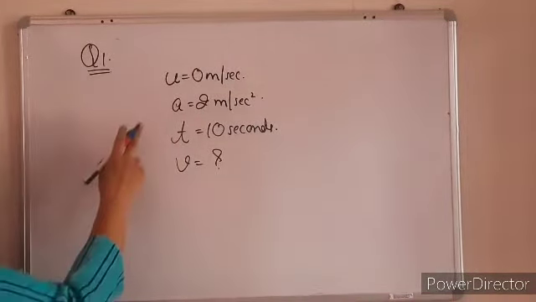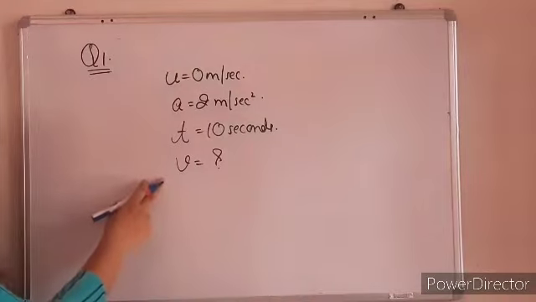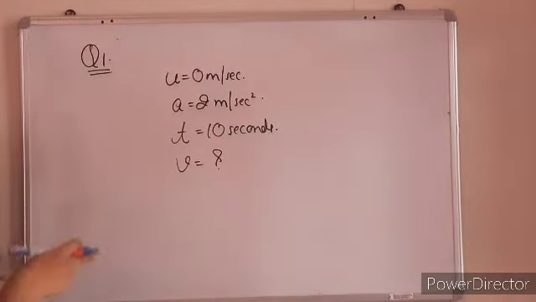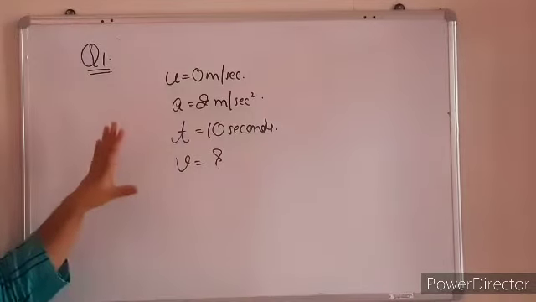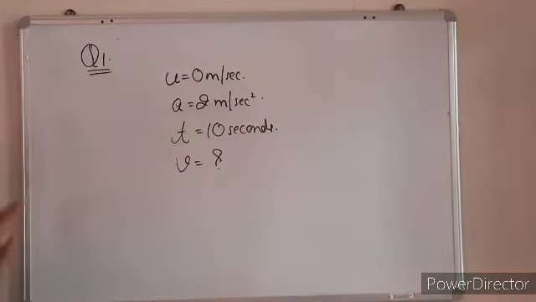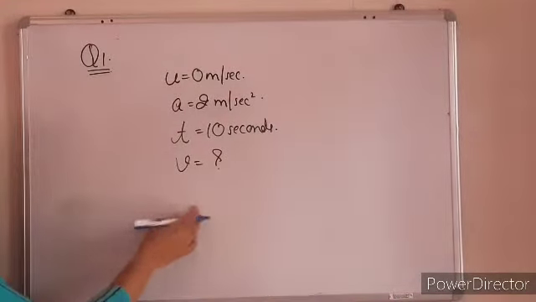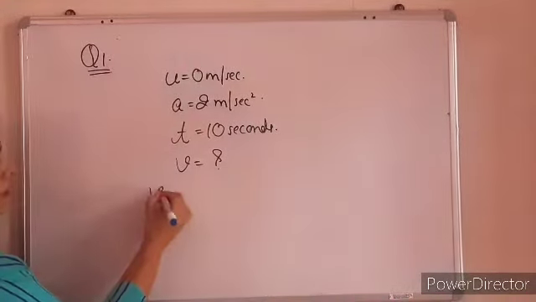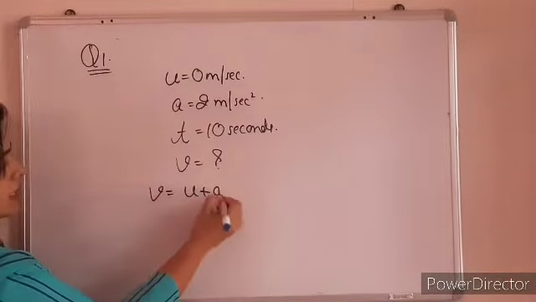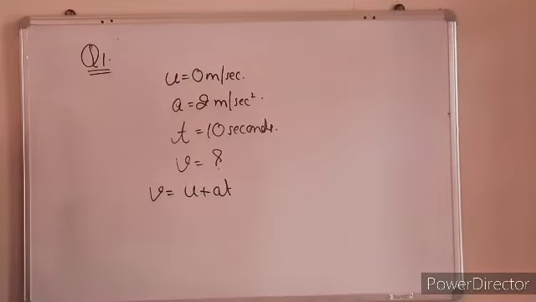First of all we have written all the given. Then we have to check whether any conversion is needed. In this question it's meter per second square and seconds, so all are in standard units, and there is no need for any conversion. Now apply the suitable formula, that is v is equal to u plus at, the first equation of motion.